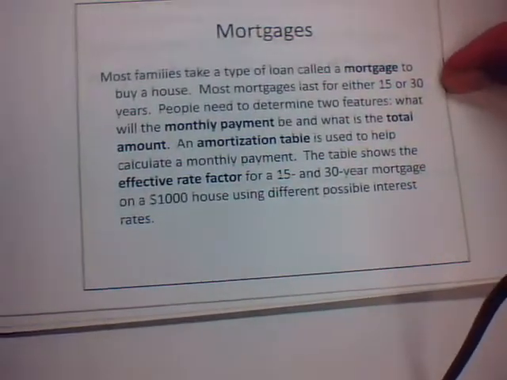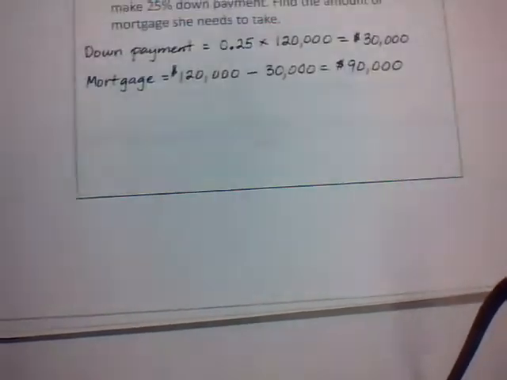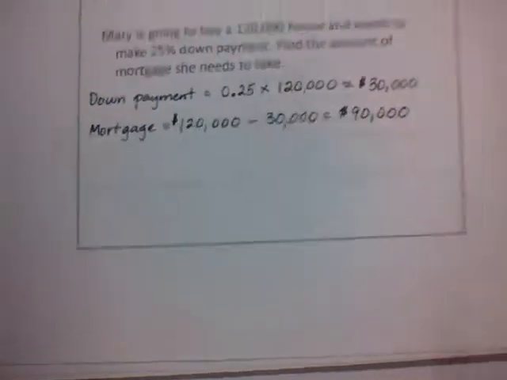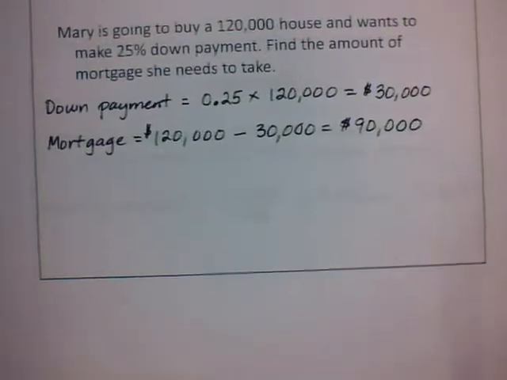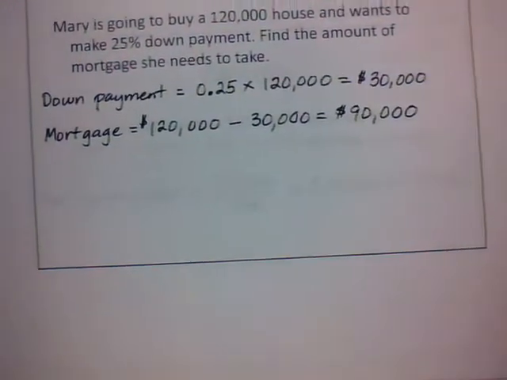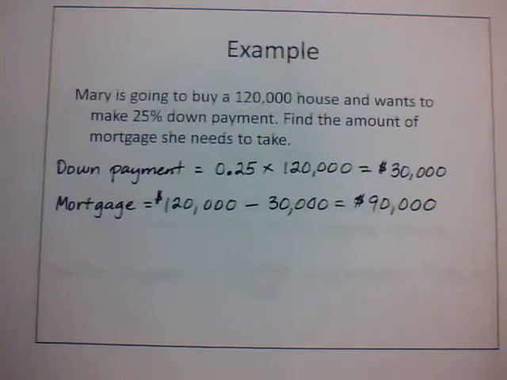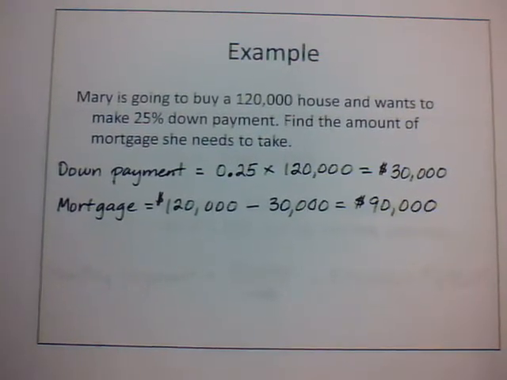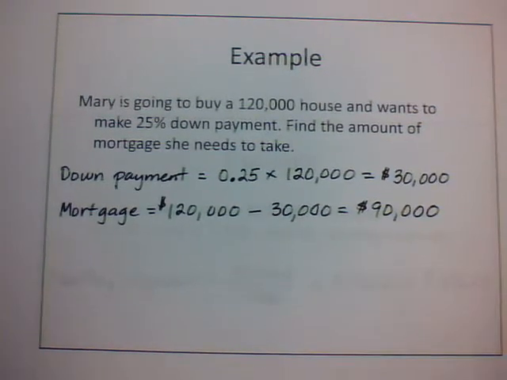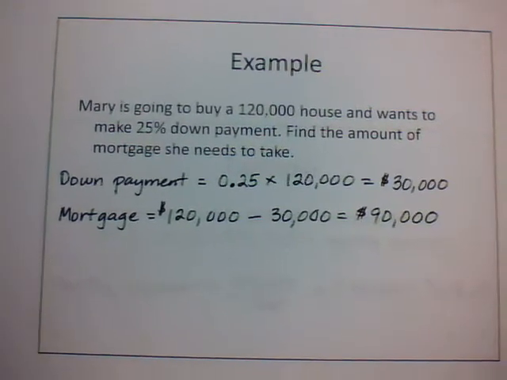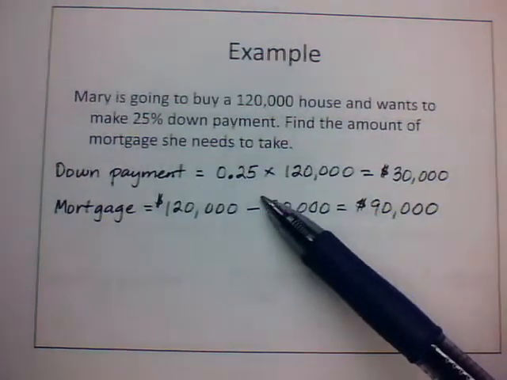And let's look at some examples of mortgages. Mary's going to buy a $120,000 house and wants to make a 25% down payment. Find the amount of mortgage she needs to take. So here the down payment is going to be a 25% down payment.